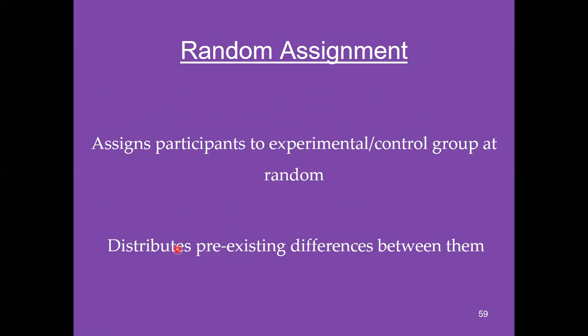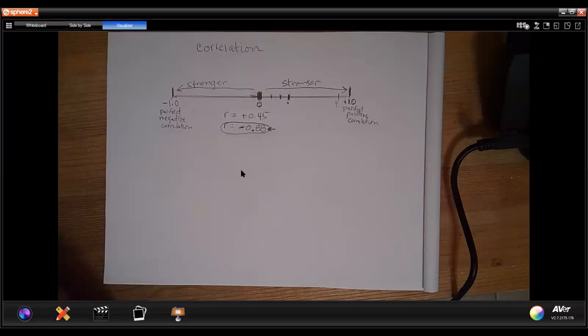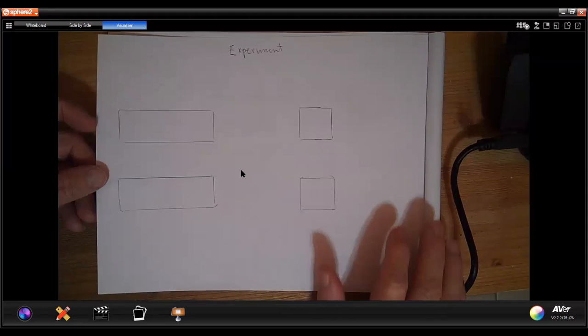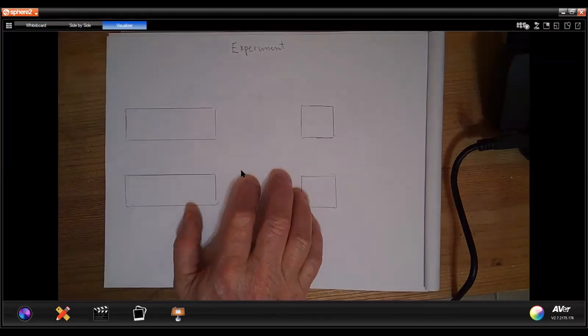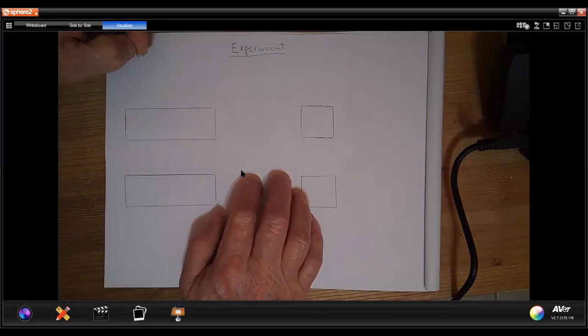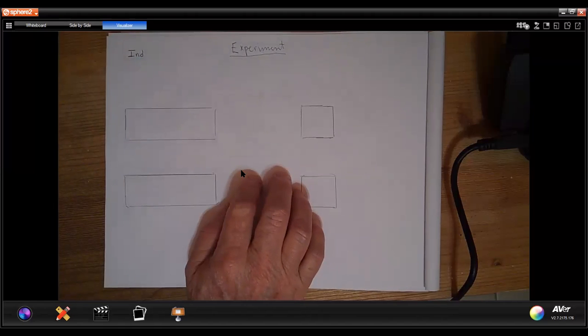Okay, maybe here's where we need to go to a little bit of drawing again. So let's see if I can get that back up on the screen. All right. So first of all, let's just make up a theoretical experiment. In our experiment, we want to know, does a particular new therapy have an effect on anxiety?